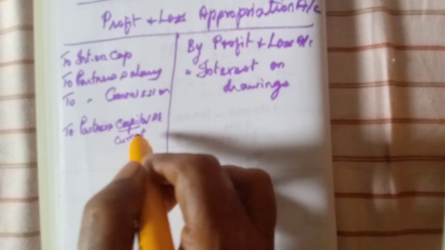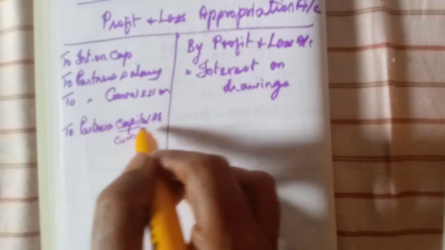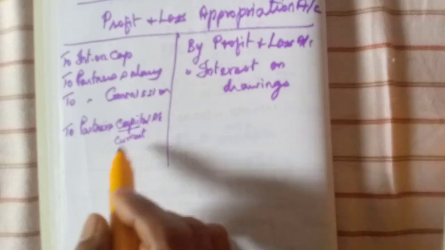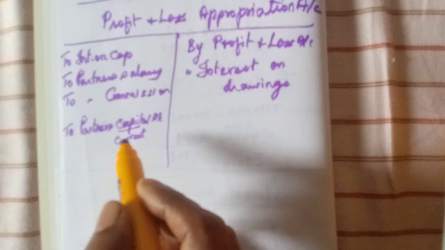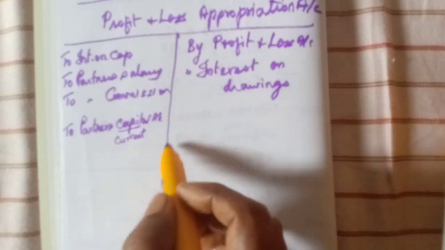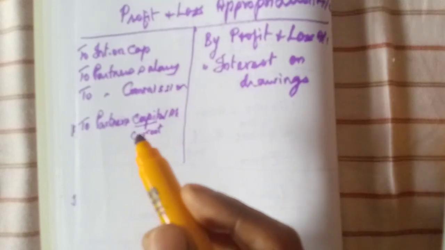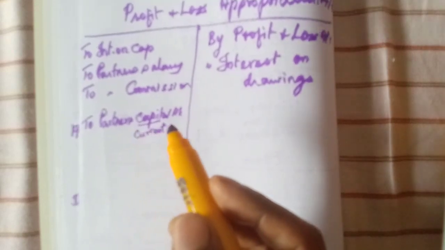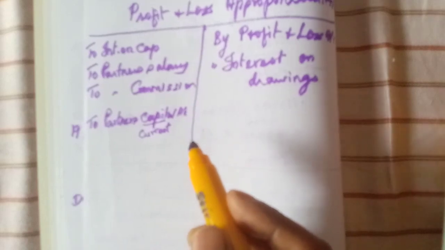If they follow the fluctuating capital method, we transfer it to the partners' capital account in their profit sharing ratio. Usually they will ask one problem, maybe for 3 marks, or along with the entries they may ask for 5 marks.